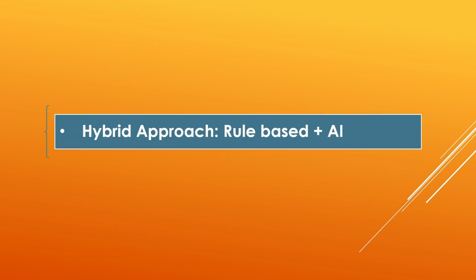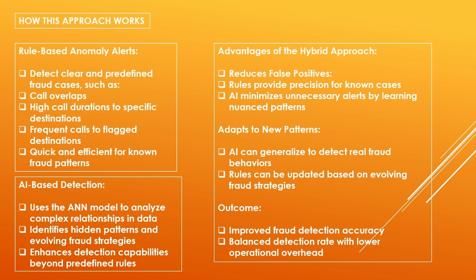Okay. So this is the hybrid approach, as I told you: rule-based anomaly alerts and AI-based AI agents. Let me quickly summarize how it works. Rule-based anomaly alerts will detect clear and predefined fraud cases, because we are giving extreme conditions, as I told you.